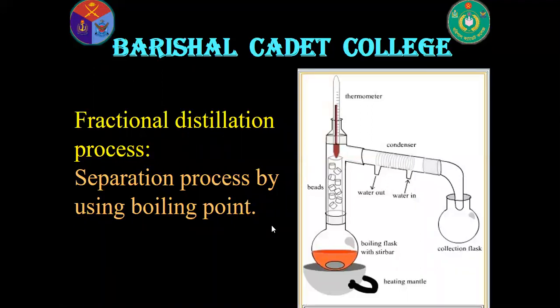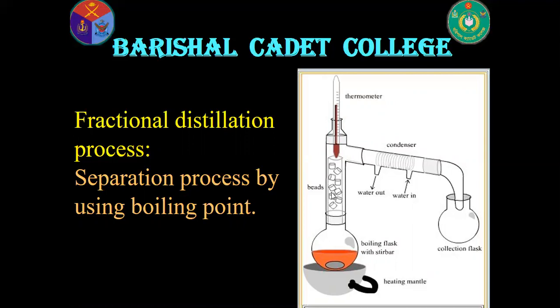If the distillation process is applied using a fractionating column, it is known as fractional distillation. This is the same process as distillation, but with an extra column, that means a fractionating column. If the boiling point difference of the components in the sample is below 30 degrees centigrade, in that case we need to use a fractionating column.